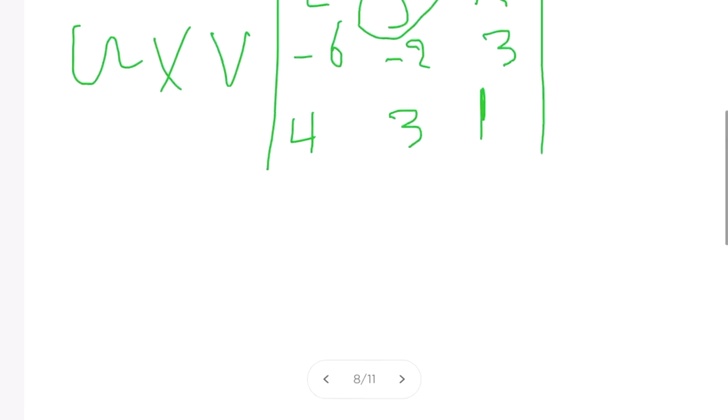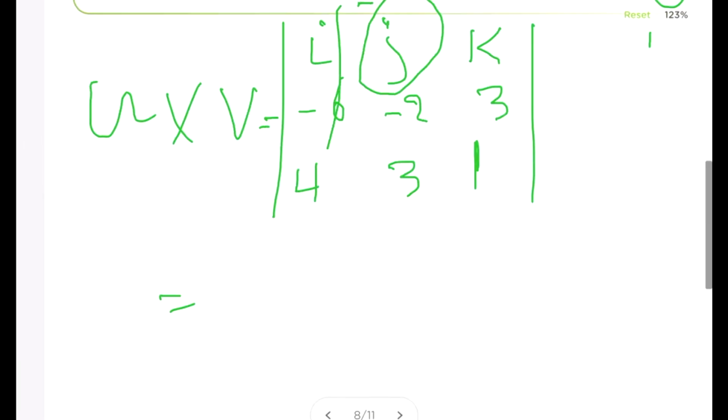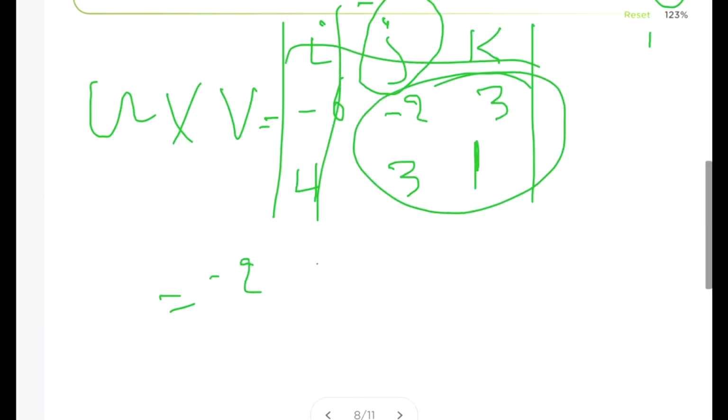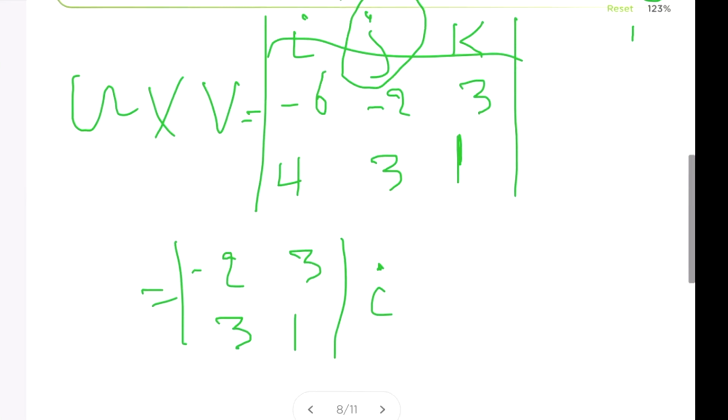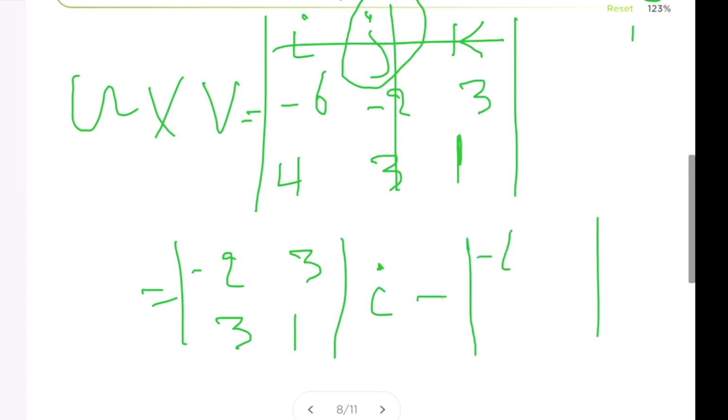So you put equals, so if you cross these two, you get negative 2, 3, 3, 1. That's times i, okay? If you cross now the j part, with minus, you get minus, and then negative 6, 4, 3, 1, j.